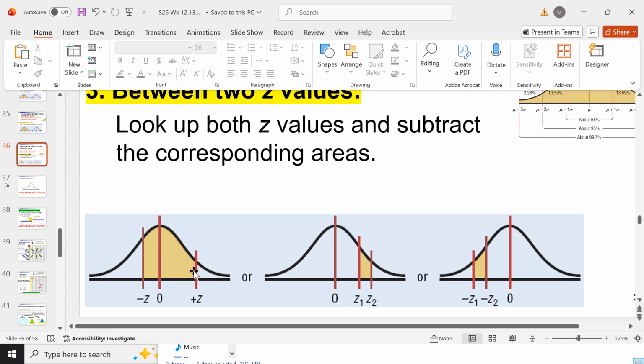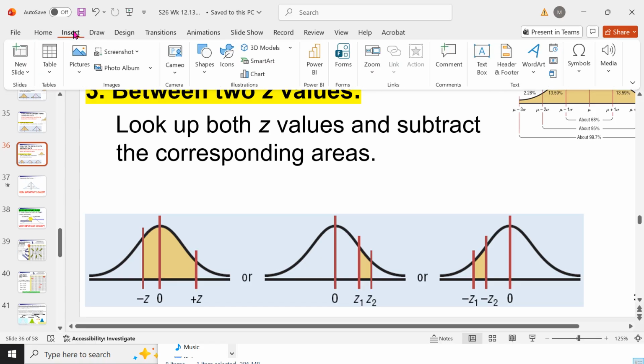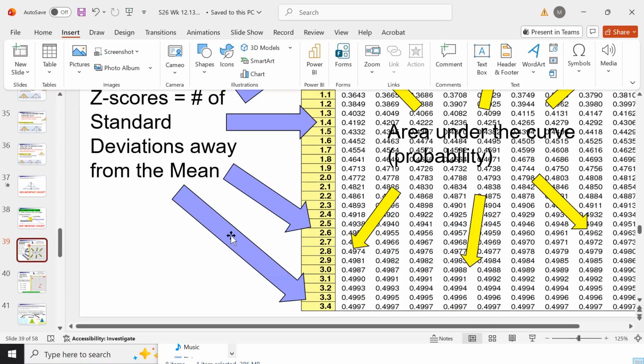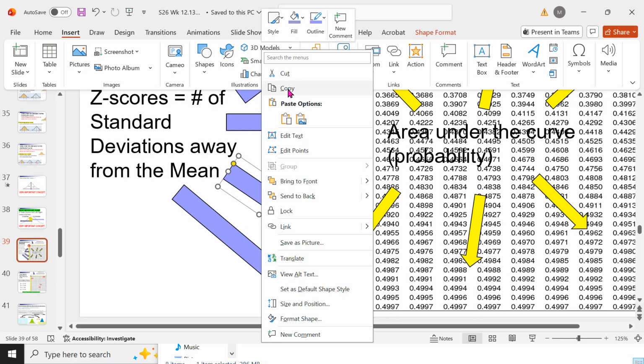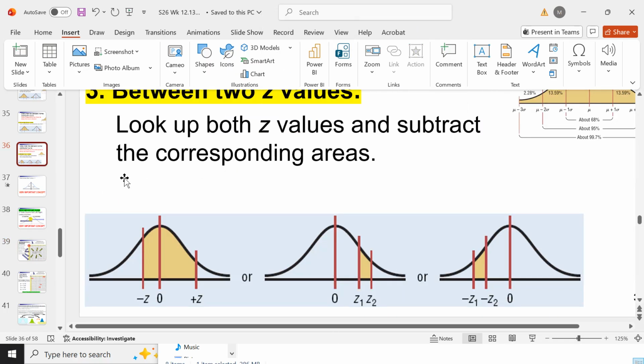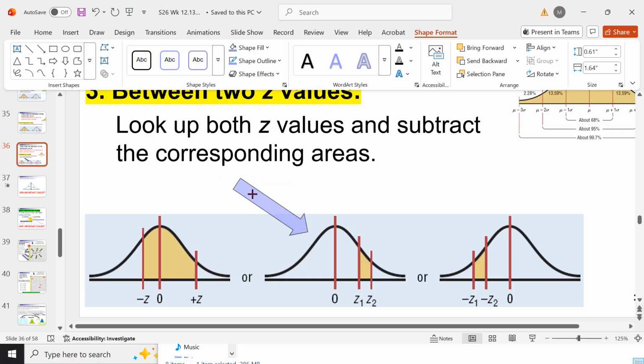You would have to calculate the area here, because you remember that these arrows calculate this area starting from the mean.